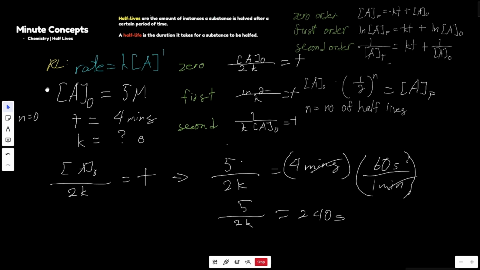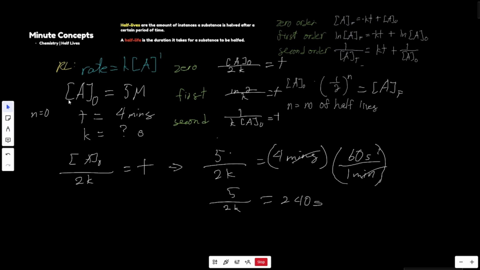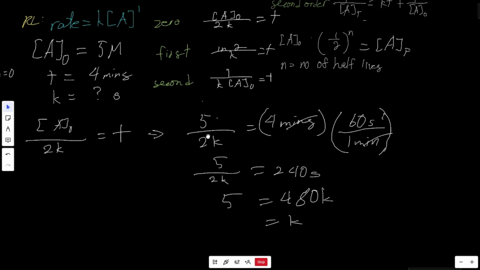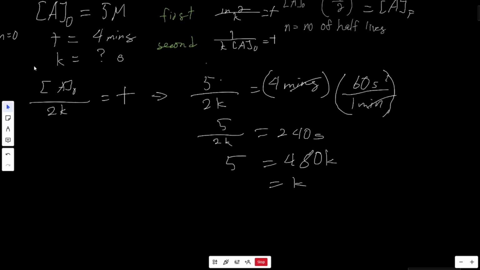Now, continuing our derivation, we have to multiply 2K to both sides to cancel out the K on the left. So we would have 480K is equal to 5. And to isolate K, we divide 5 by 480.